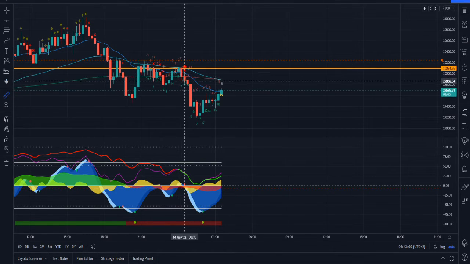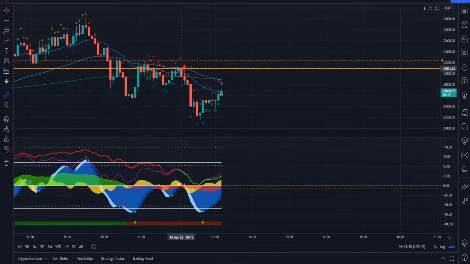Depends, but here the VWAP is pretty sharp, which is good if we are looking for the short. It's also really tight, and it's possible that we print a red dot, which we did.